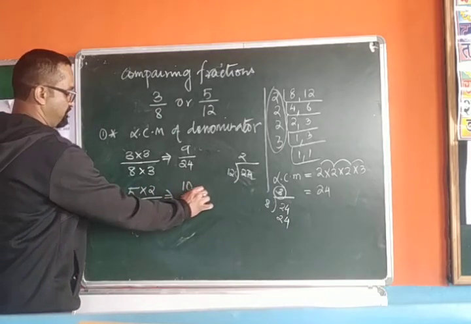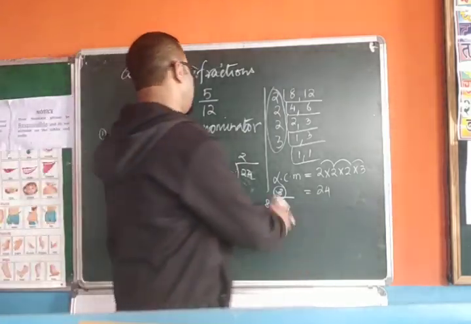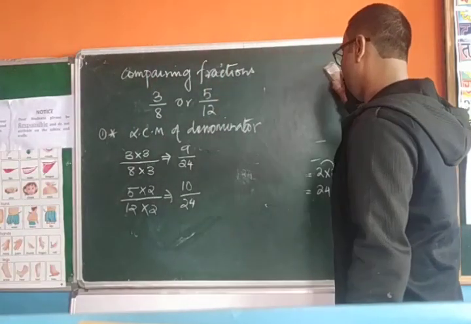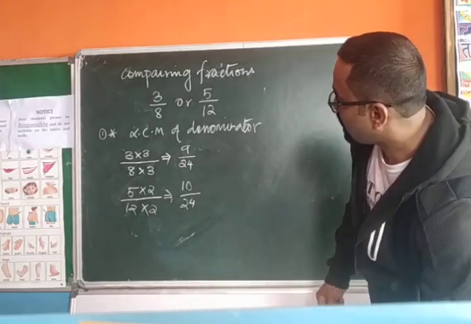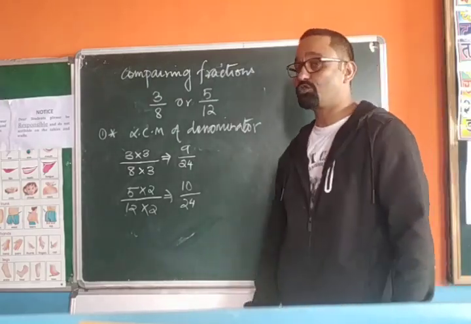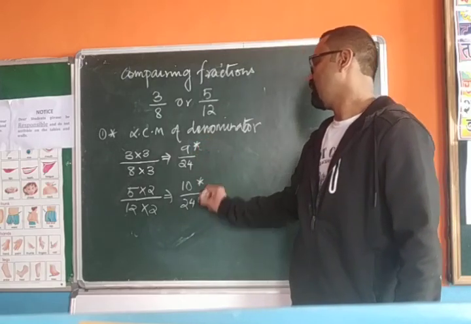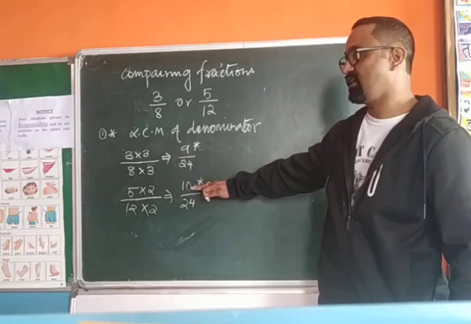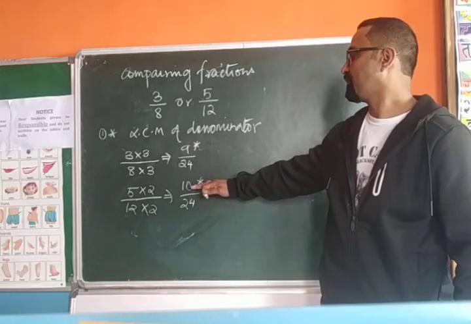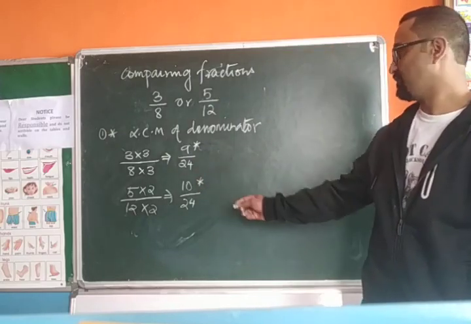You get 10 divided by 24. After making the denominator equal to the LCM, compare. Which one to compare? The numerator. At numerator you have 9 and second numerator you have 10. Out of these two, which one is greater? It is 10.